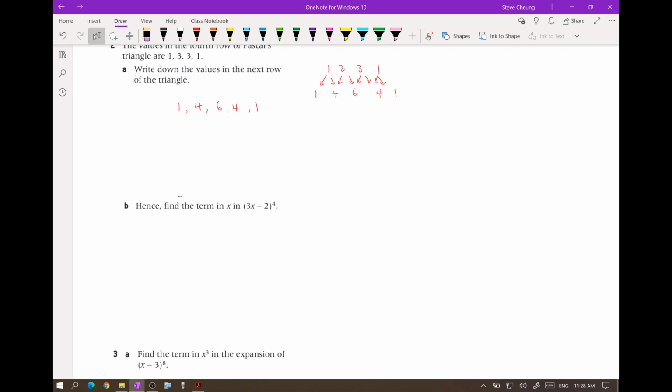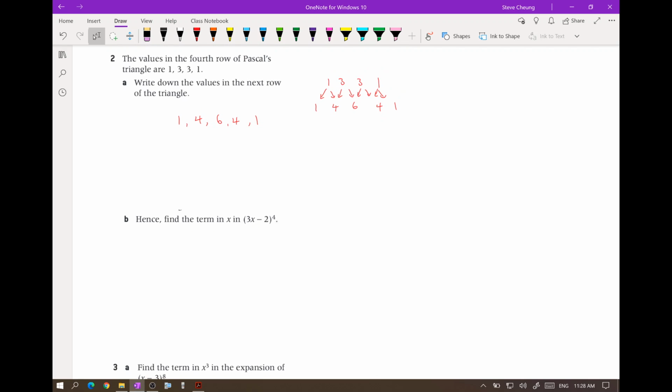Hence, find the term in x of this expansion. So we know that from a Pascal triangle, 3x goes from 3x to the power of 0, 3x to the power of 1, 3x to the power of 2, 3x to the power of 3, 3x to the power of 4.